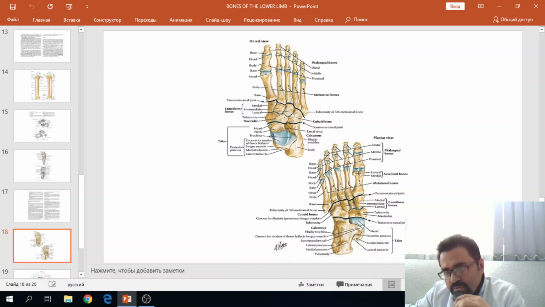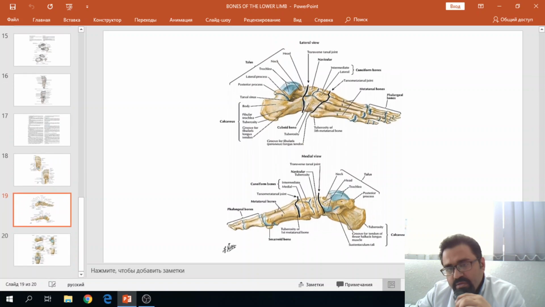So you can see here the lateral aspect of the foot. This is calcaneum, which makes the contact with the ground, and it makes the arches of the foot. Then talus, it forms the ankle joint with the tibia. This is talus on the top, and then calcaneum below.